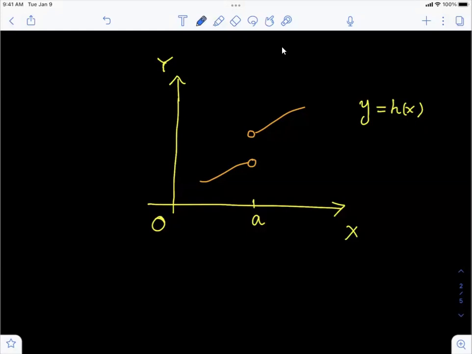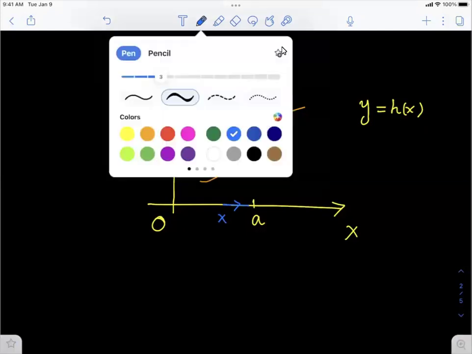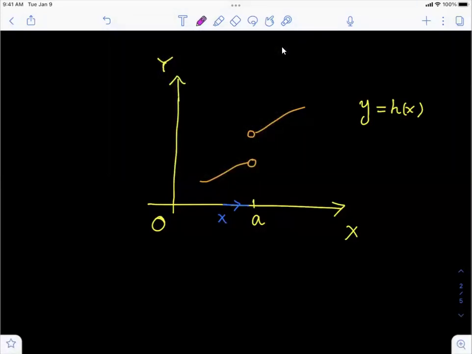this particular scenario where you have two different approaches from two different sides. And in this situation, if I consider when x values are moving towards a from the left side, now if I try to match it with the corresponding portion of the graph, what we have is right this, that particular approach. Can you see it is associated with a certain height?